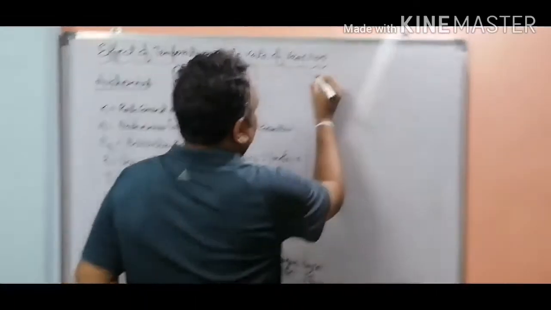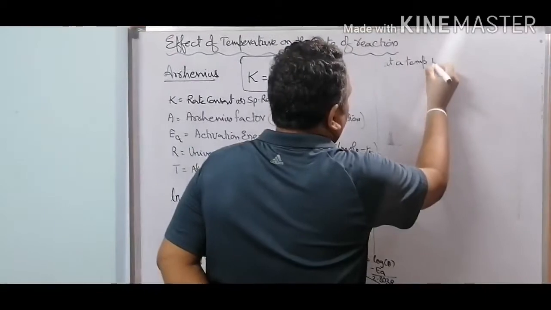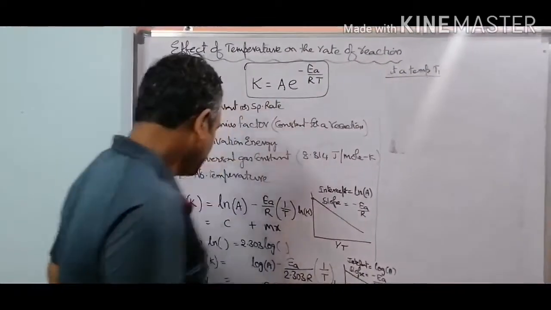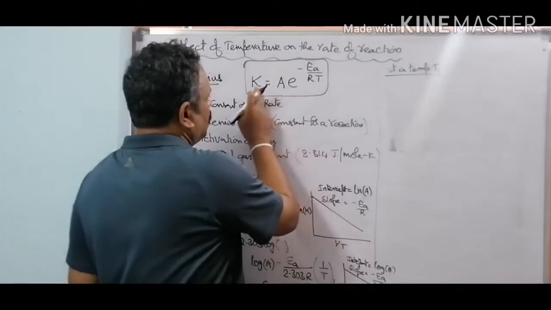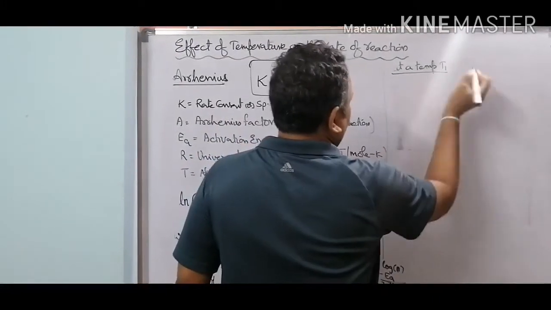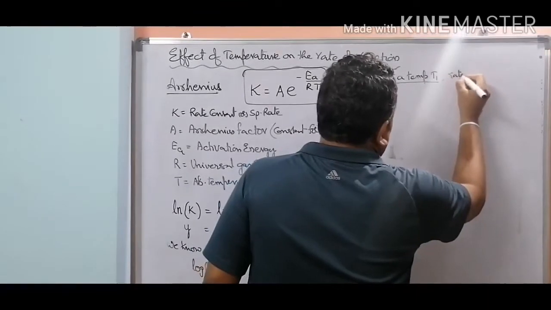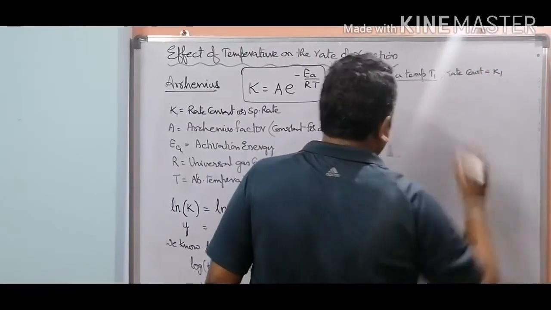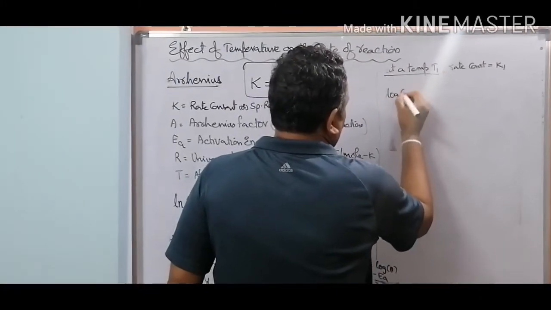So at a temperature of T1 for a given reaction, how can you write this relation? As temperature changes, K also changes. Okay, so you can mention it as at a temperature of T1, rate constant will be K1. Then how can you write the logarithmic equation?